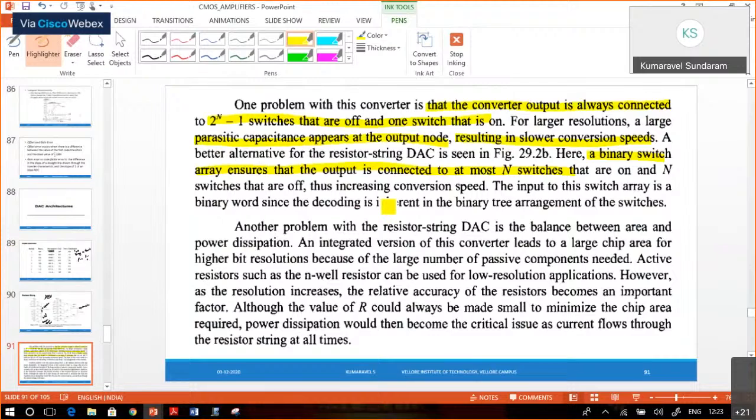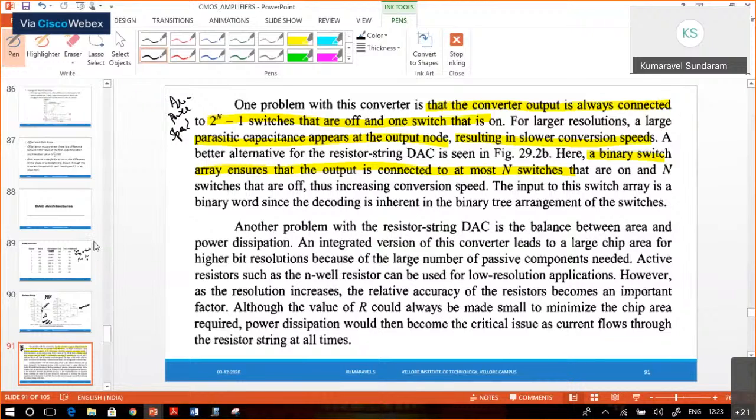And with respect to area also, another problem with the resistor string is the balance between area and power dissipation. Always when you come to circuit design, we need to look at area, power and speed. So we should try to minimize the passive components.